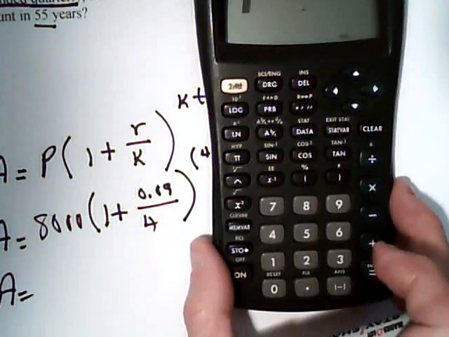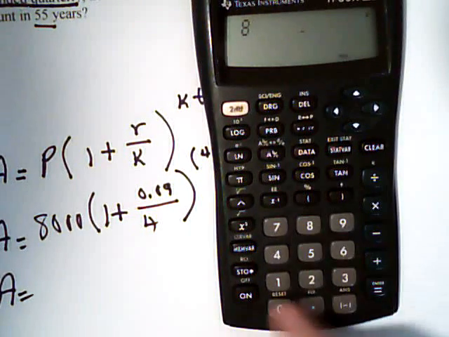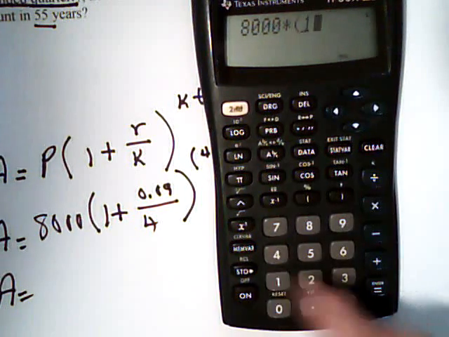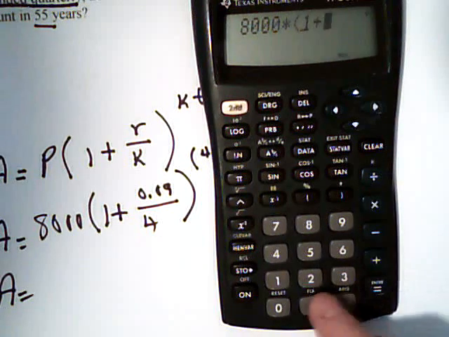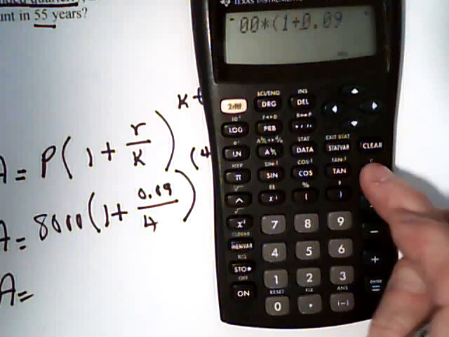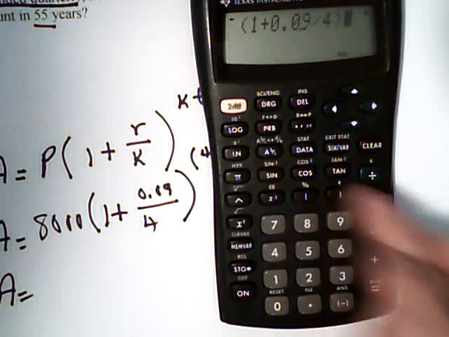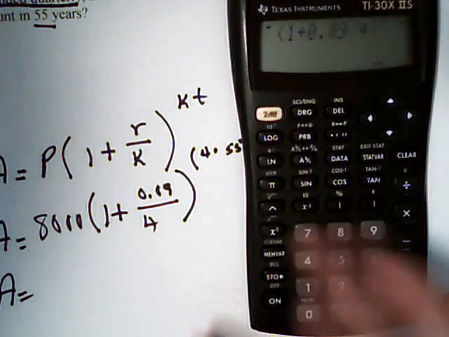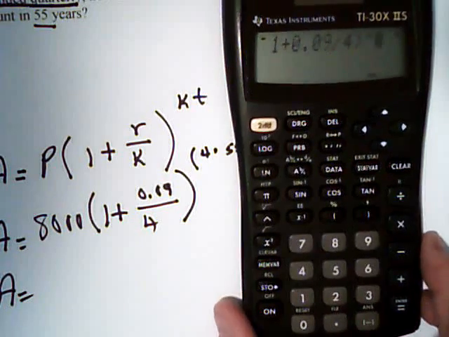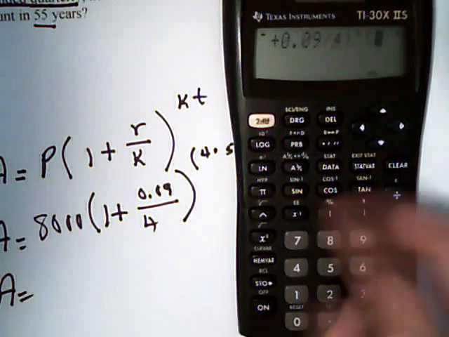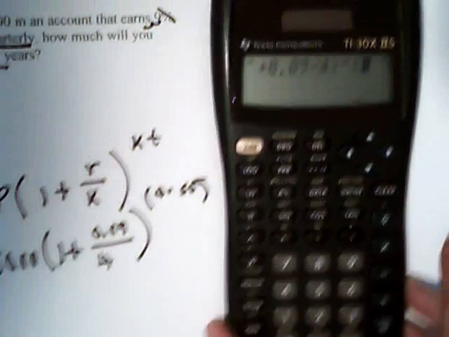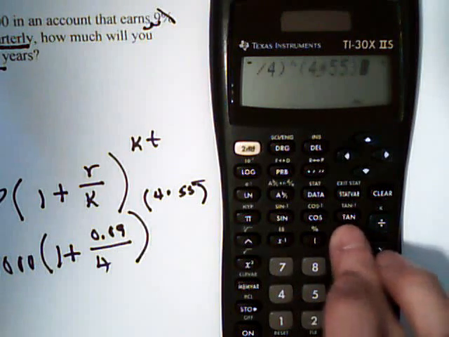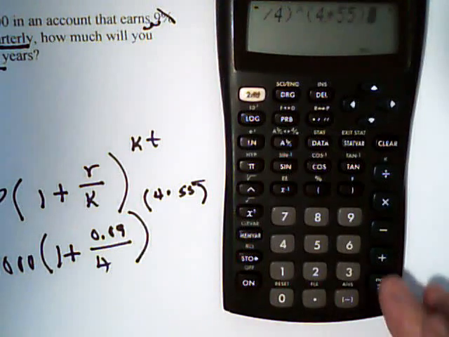So if I enter this in my calculator, I'm going to have 8,000 multiplied by, open my parentheses, 1 plus 0.09 divided by 4, close my parentheses. Now you notice that all of this is in the exponent, so I now have to use my up arrow key to get into the exponent. I also need another set of parentheses, and inside that I'm going to put 4 times 55, and I'm going to close that parentheses, and then I'll hit equal.